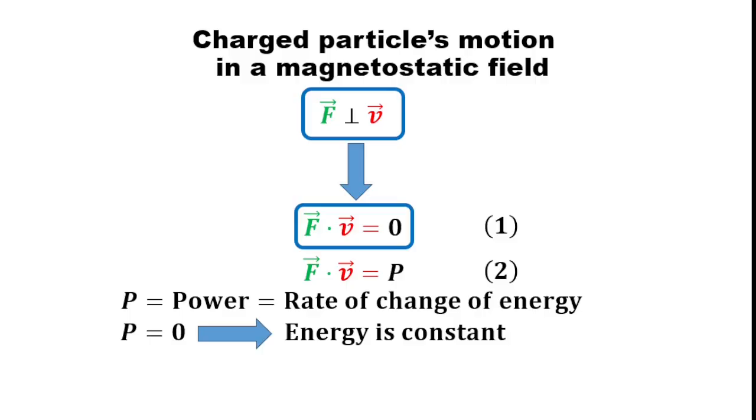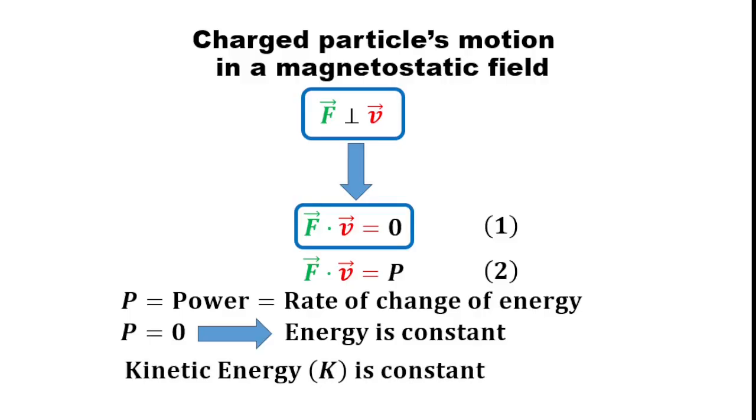As the energy is due to the motion of the charged particle, we call it kinetic energy, and we say that the kinetic energy of the charged particle moving in a uniform and constant magnetic field remains constant, and therefore the speed of motion of the charged particle also remains unchanged.